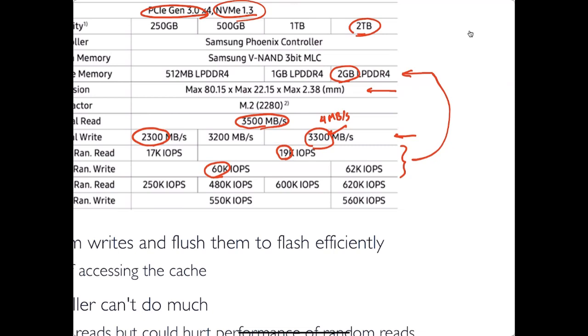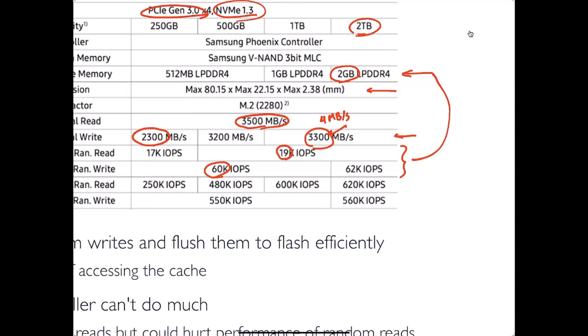So this is where the cache comes in handy. Instead of just going and writing to the cells, which could potentially take time, you write it in your cache and acknowledge the write, and the operating system will move on.